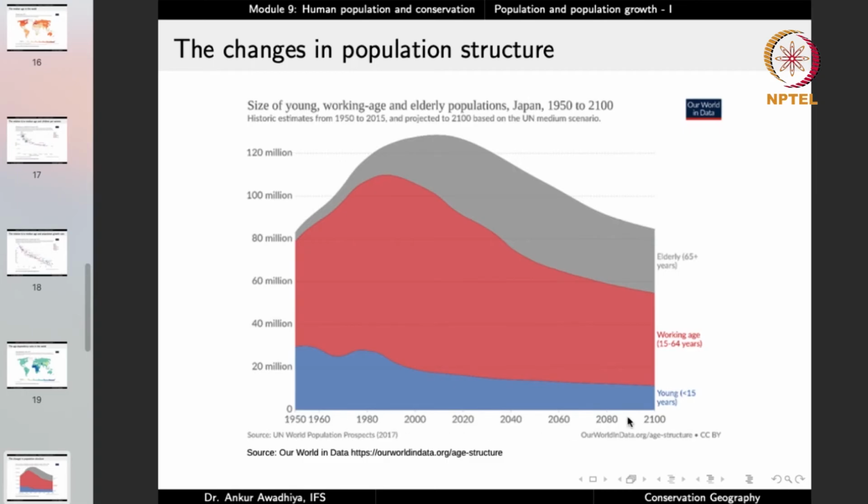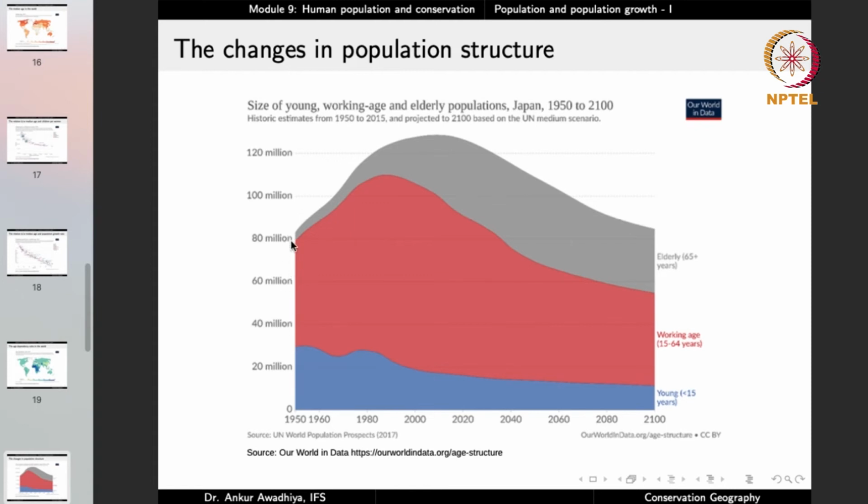But then as we progress through time, we see that the number of children has been going down. Now this curve is not showing the percentages, this is showing the actual numbers. So while we had roughly 30 million children in Japan in the 1950s, today the number is around 15 million. So the number of children has roughly halved.